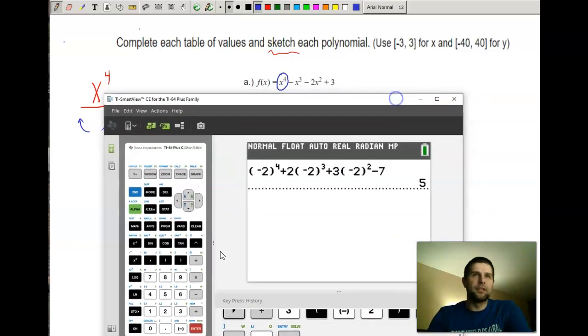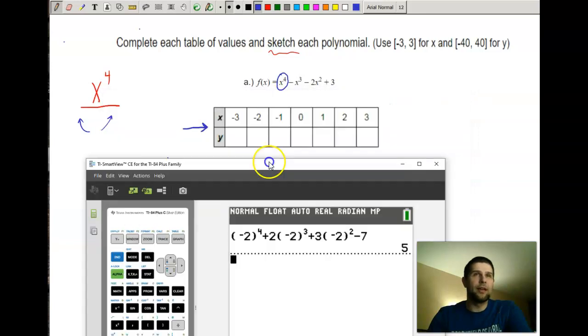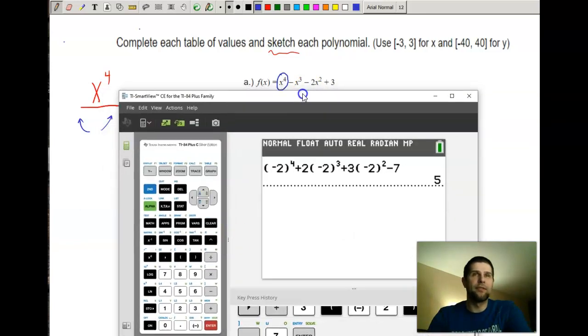Now we certainly could just evaluate. I could plug -3 into this function and start evaluating by direct substitution.